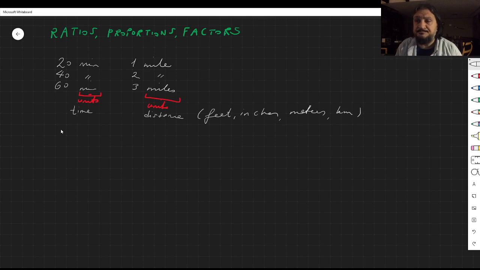Now, what do we know from this data? This is the data that we collected from our exercise. Now we see a trend: 20 minutes, 1 mile; walk for 40 minutes, 2 miles. The numbers get bigger. What can change here? You can't change time.